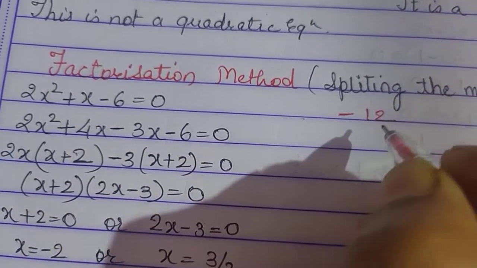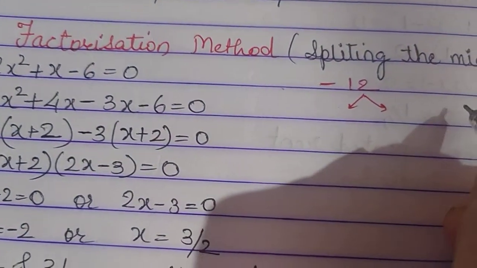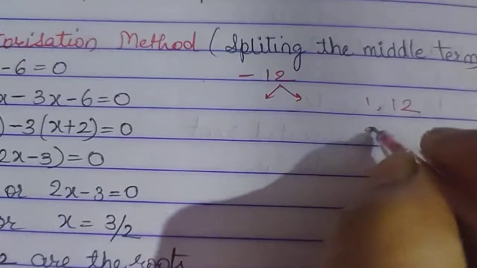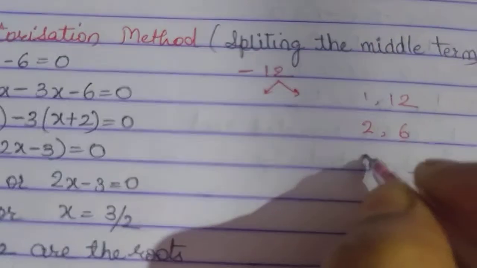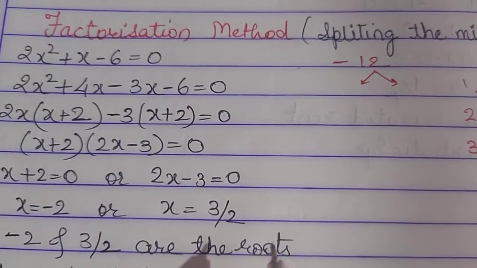There are many factors of 12. For example, we can write 1 and 12, then 2 and 6, then 3 and 4. The multiplication is 12, so these are different factors of 12.